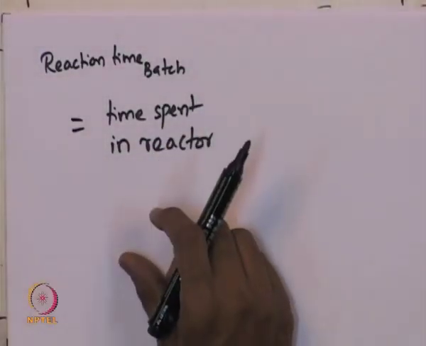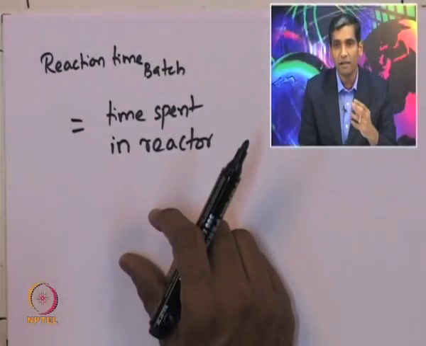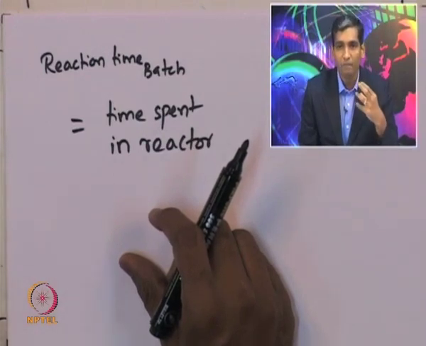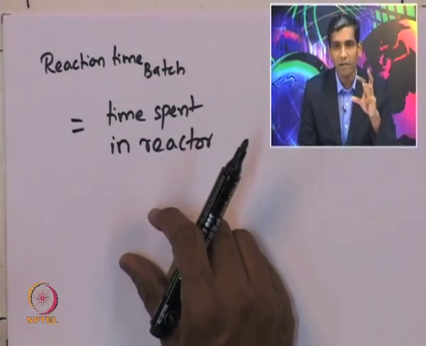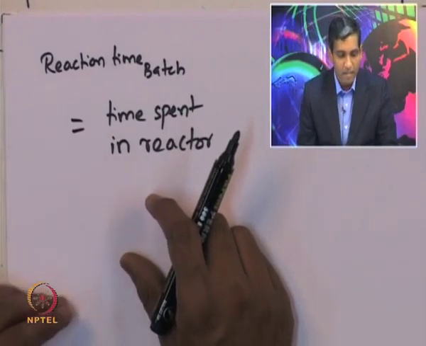Remember that every location from where the fluid is withdrawn from the side of the reactor, that globule can be considered as a batch reactor, and its reaction time is equal to the time that it spends in the reactor itself.